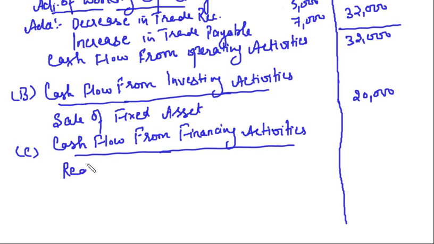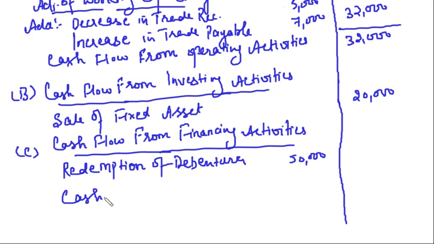Right? So I will say redemption of debentures. This is 50,000. So my cash flow, this is negative 50,000.